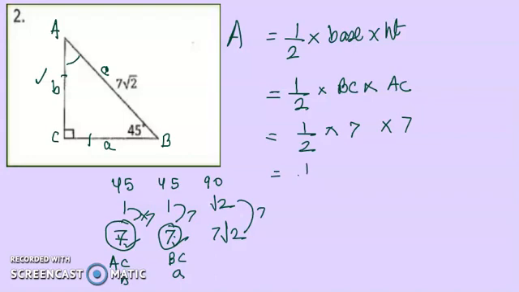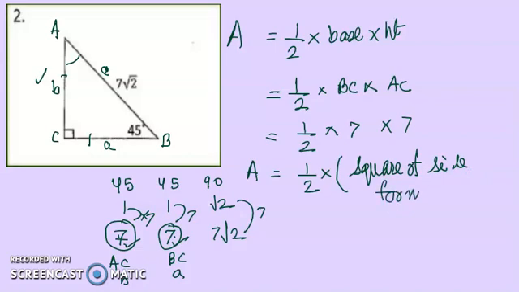So the formula, if I generalize it, is equal to half times the square of the side forming 90 degrees. Square of side forming 90 degrees means 1 by 2, and the side forming 90 degrees, just take one side and square it because both are the same.